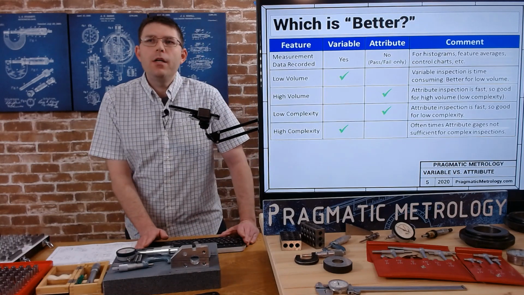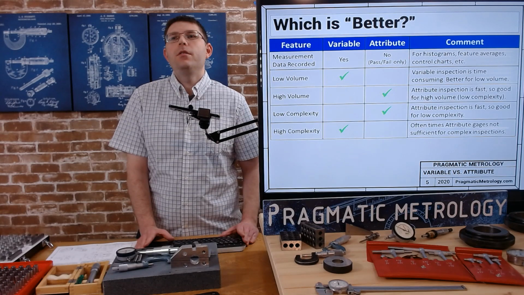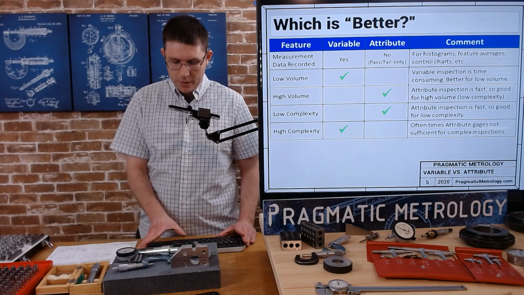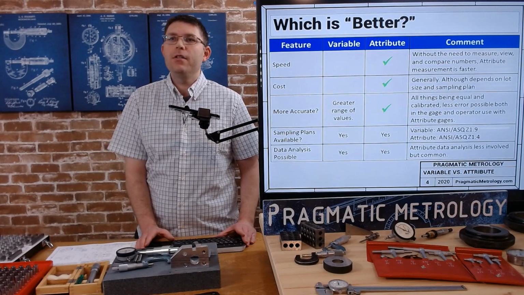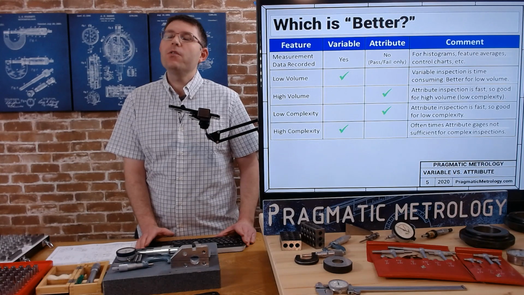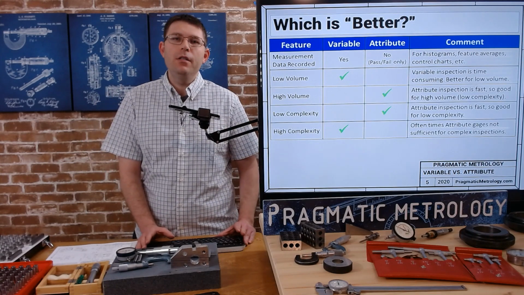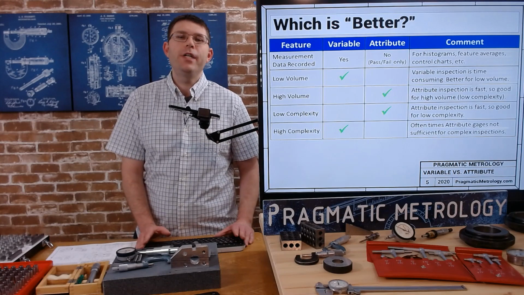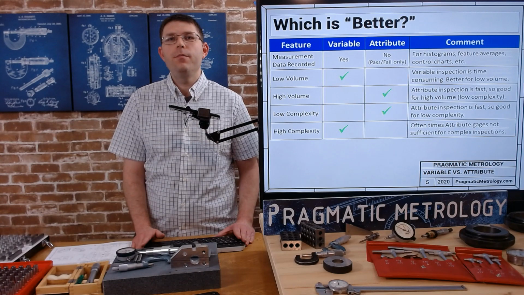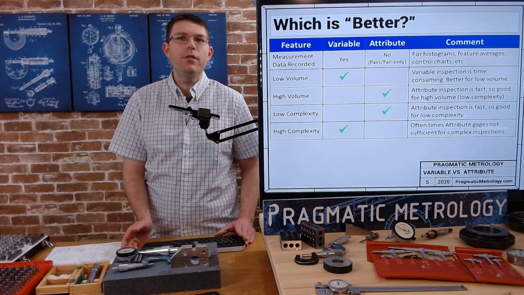So, keep going on which is better. Do you record the data at all? So I just went through and said you can do data analysis on go, no-go, which is attribute. With this one, you're not actually recording a measurement, right? You're recording a pass-fail when you're doing attribute, but you're not recording the number, because you're probably going to be at your extreme go side and your extreme no-go side.